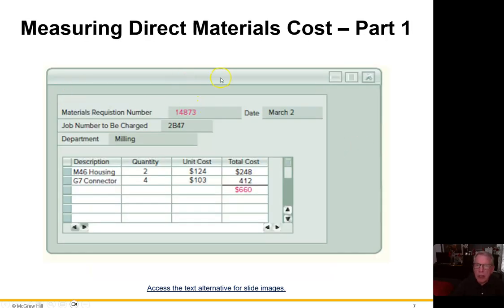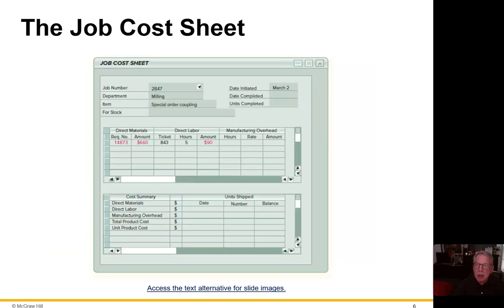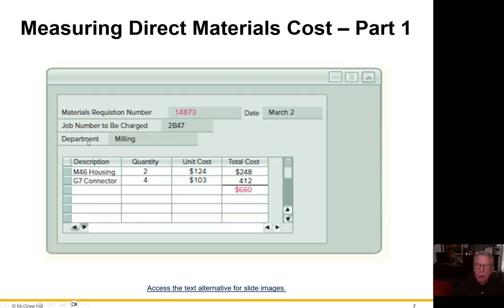So let's take a look at direct materials. Here's our material requisition. It's number 14873, and it's charging it to job 2B47 in the milling department. And I think that's the same job that we had here on the job cost sheet.